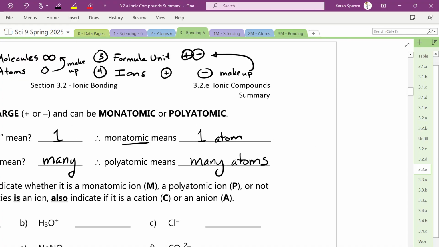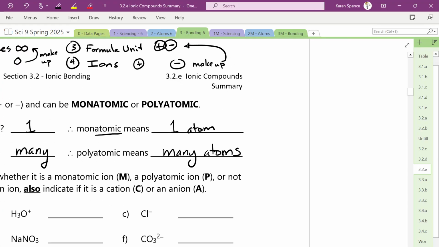All right, and if we had a polyatomic ion, it might look like this. We might have a Cl attached to an O, attached to an O, attached to an O, and that whole thing has a negative charge.